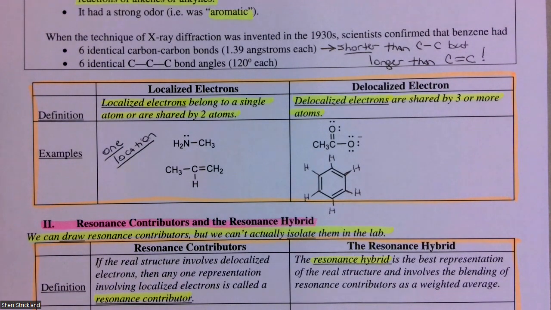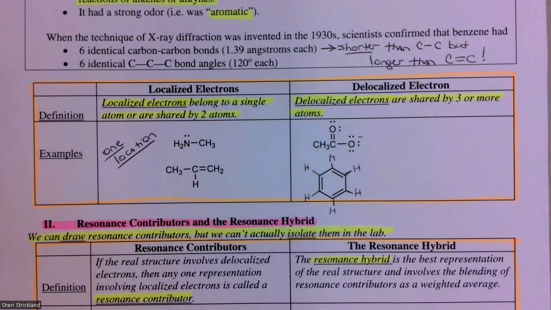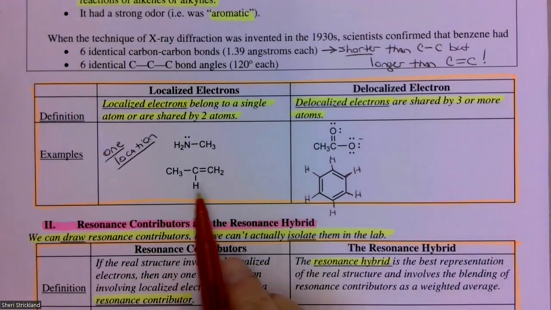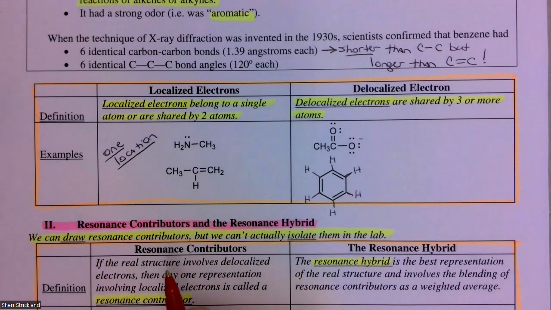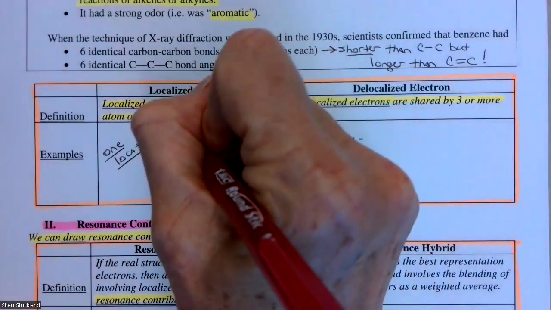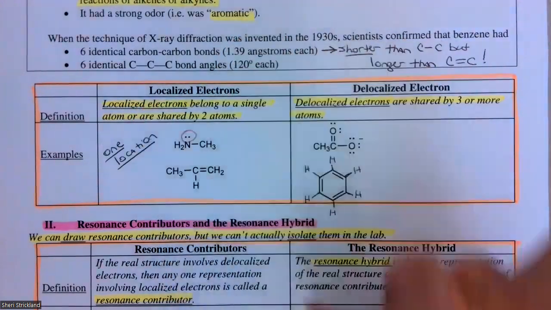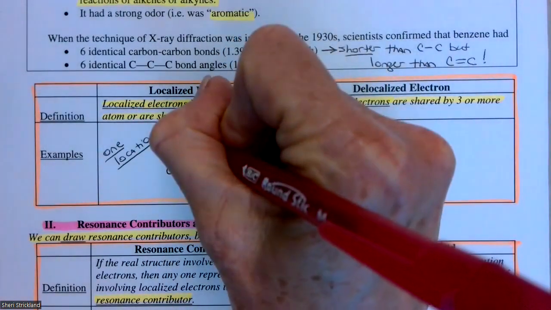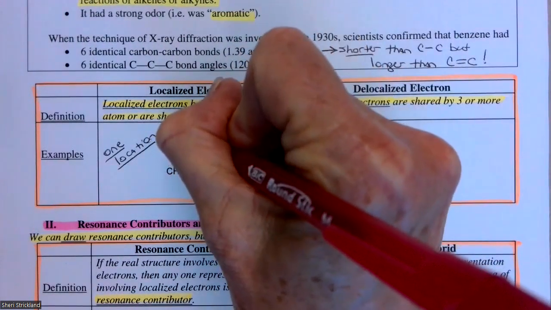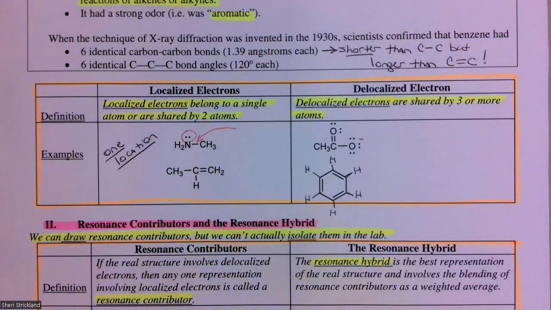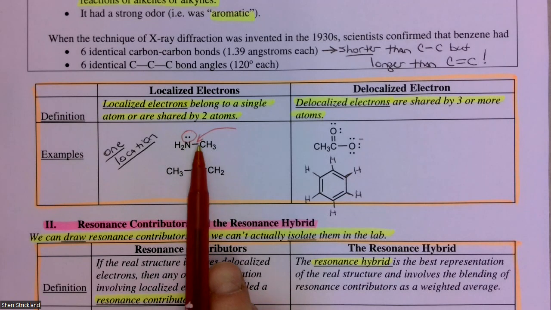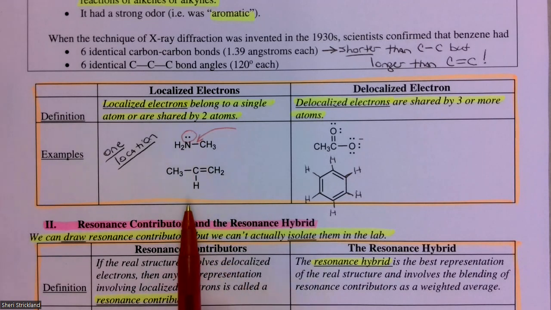Localized electrons are defined as belonging to a single atom or being shared by two specific atoms. Basically, they're held in one location. So it can be a non-bonding pair of electrons, or it can be a sigma bond. Each of these pairs of electrons would be localized, even though these are non-bonding electrons and these are bonding electrons.